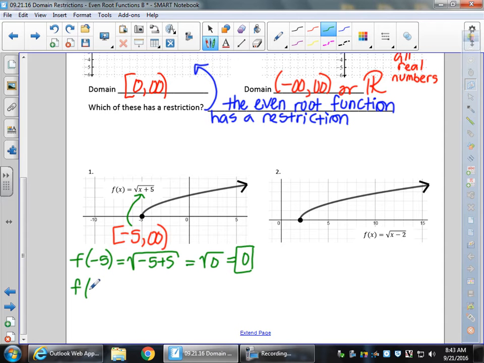You want to try -15? Yeah, that's over here somewhere. So that would be what underneath the radical? -15 plus 5 would be the square root of what number? -10. Can I do that? Why not?